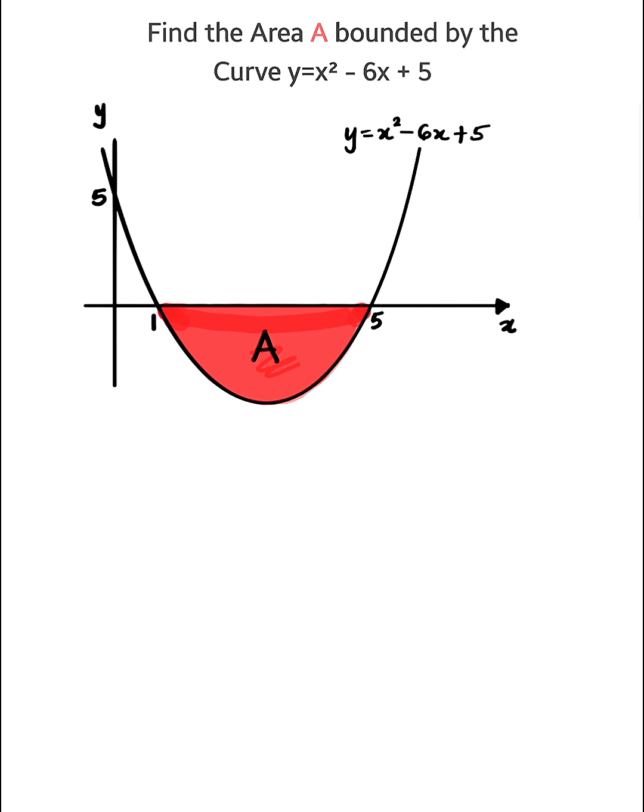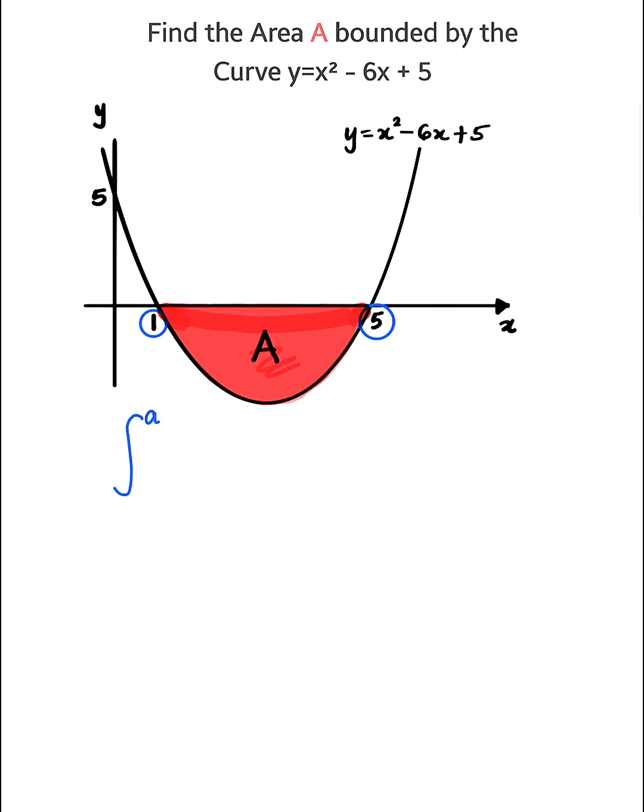For you to actually do that, all you need to do is equate this function to 0, then factorize. Okay, so the next thing, since we now know that this is the lower boundary and this is the upper boundary, which is the intercept between the curve and the x-axis.